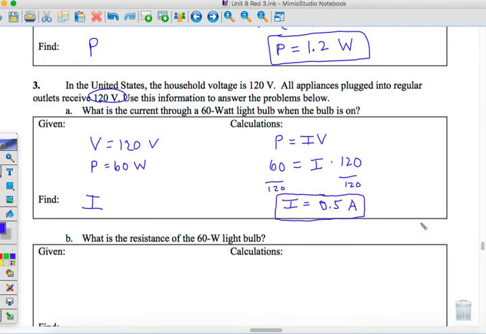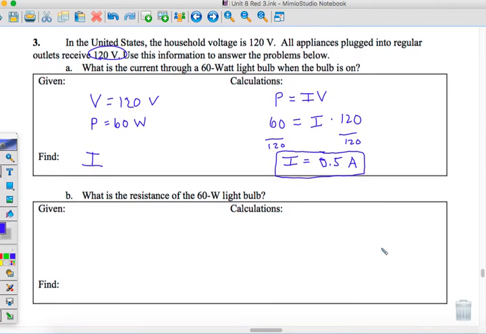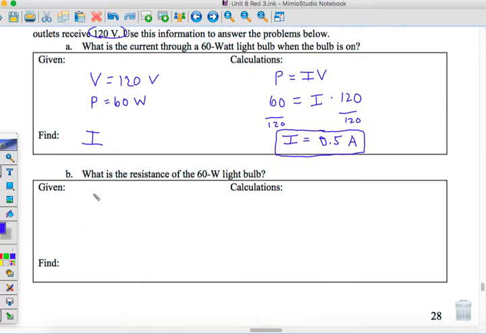So part B here is saying, what's the resistance of this 60 watt light bulb? So we know it's power, we know it's voltage, we know it's current. How do we get resistance? We know the power is 60 watts, we know the voltage is 120 volts, and we know the current now is 0.5 amps. We're looking for resistance. So we think, what equation involves resistance and has other stuff that we know?